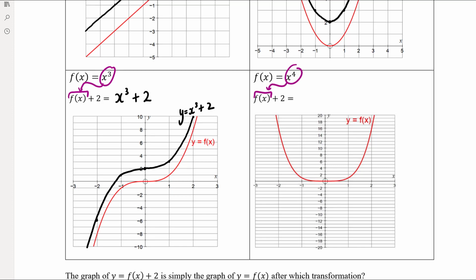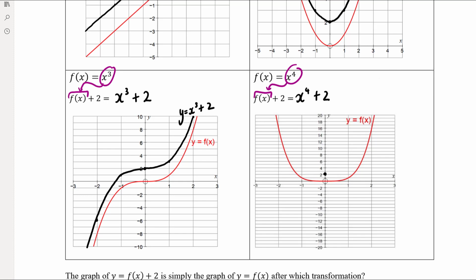Okay, and then if f of x is x to the power of 4, f of x plus 2 is going to be x to the 4 plus 2. So we want to sketch the graph of y equals x to the power of 4 plus 2. So we know that's a quartic graph with its turning point at 0, 2. Okay, so thinking about turning point form, 0, 0 and 2. So turning point is at 0, 2.